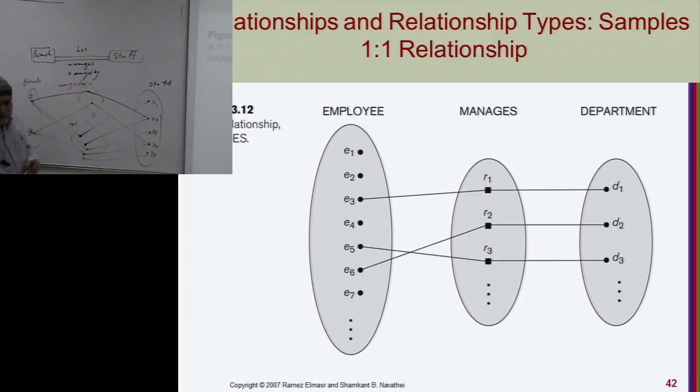So as we have done with the entity types, we have entity type and entity occurrence. Similarly, we can have a relationship type such as managed by, and these are the relationship occurrences. These are the specific links that link one from here and one from there. This is the relationship type, and this is the relationship occurrence, exactly as we did with the entity types.